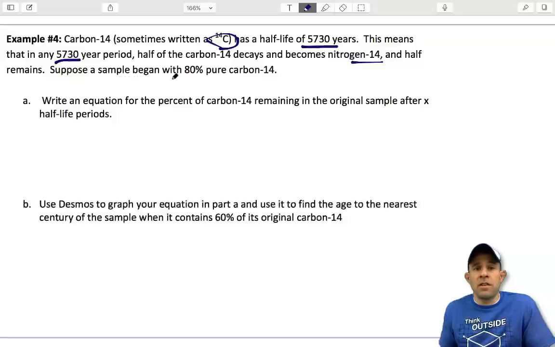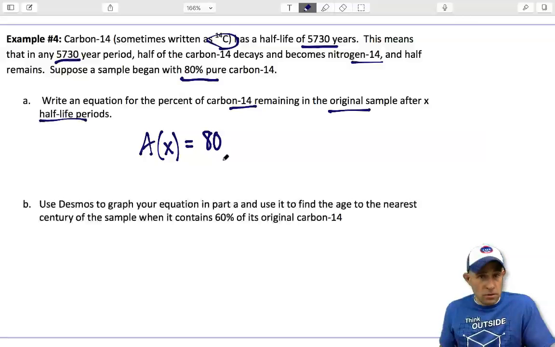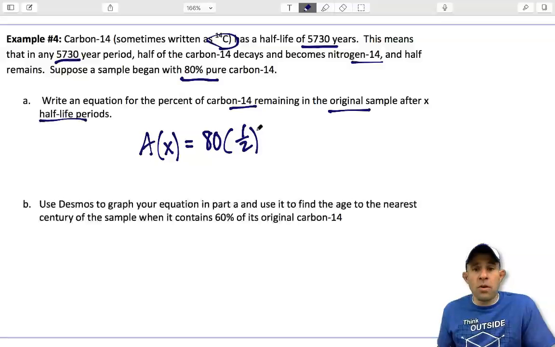All right, so it says a sample began with 80% pure carbon. Write an equation for the percent of carbon-14 remaining in the original sample after x half-life periods. So we're going to start off with the amount remaining, where x is our number of half-life periods, is equal to the amount that we have, 80 now here, this is going to represent percent, times 1/2, our growth factor for half-life period problems, to the x power.